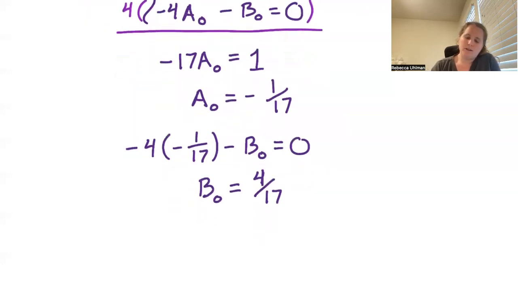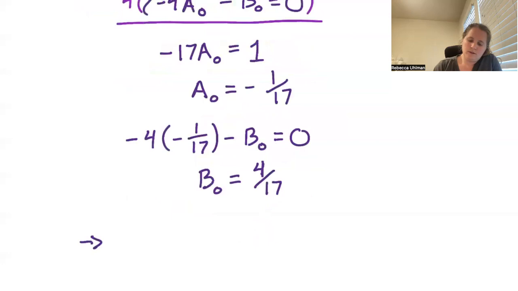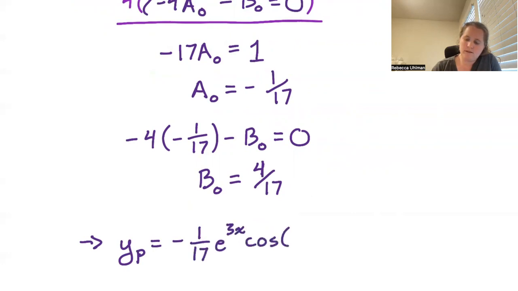So we now have a particular solution. yp is equal to negative 1 over 17 e to the 3x cosine of x plus 4 over 17 e to the 3x sine of x.